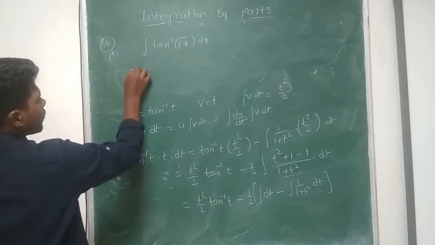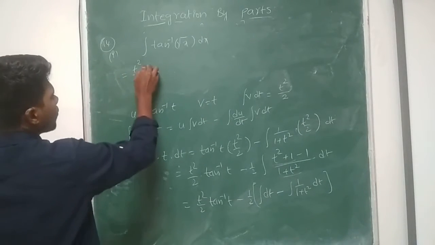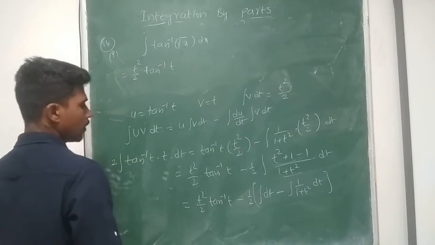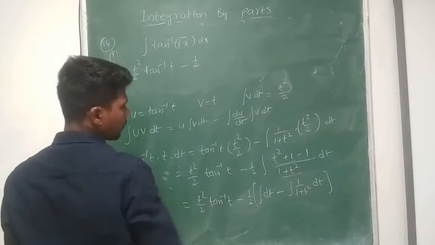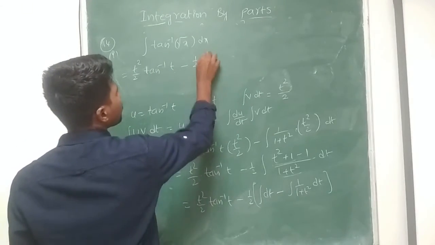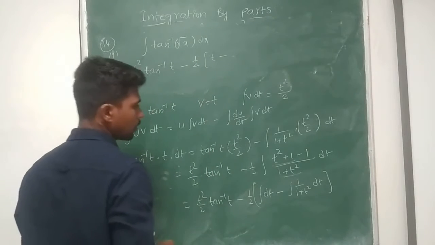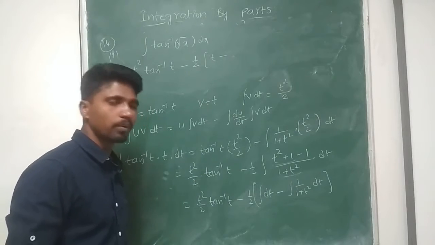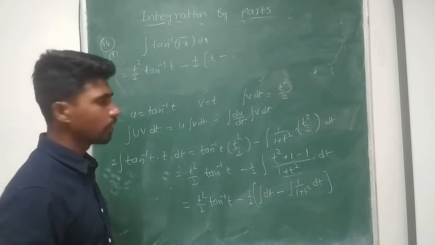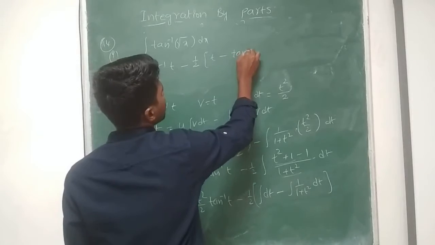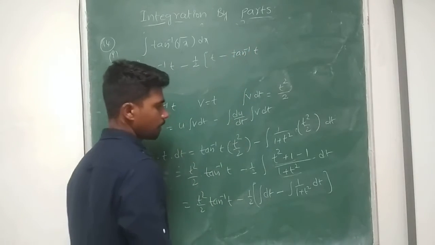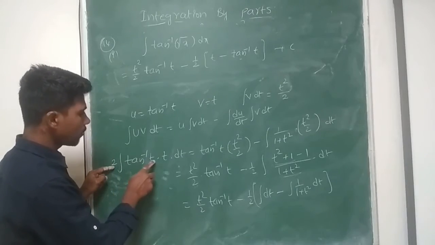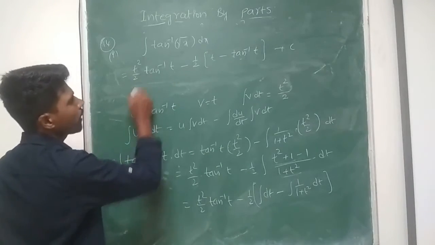So I get the answer as t square by 2 into tan inverse of t minus 1 by 2 integral dt is t, minus integral 1 by 1 plus t square. Integral 1 by 1 plus t square is nothing but tan inverse of t. So minus tan inverse of t plus a constant.